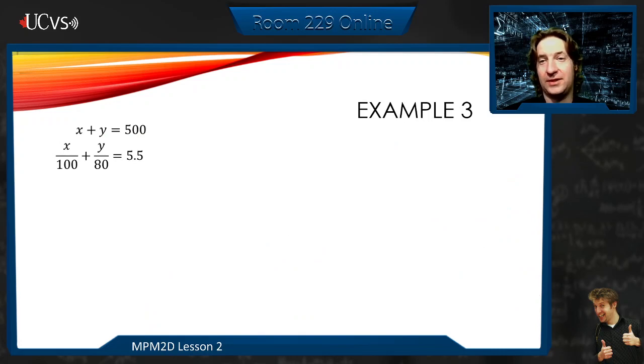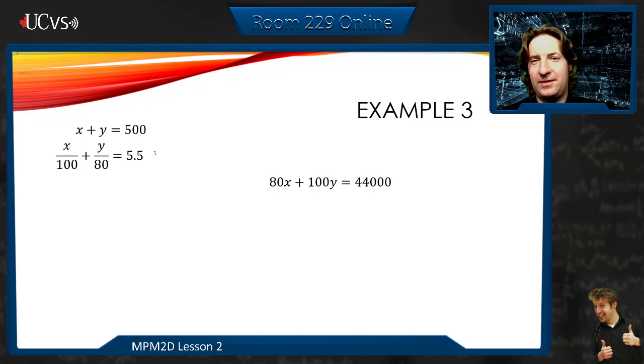So how do we solve this? Fractions. That's gross. Let's get rid of these fractions. The easiest way in this case is to multiply by the common denominator. What's the common denominator of 100 and 80? It's actually 400, but let's just multiply by 8,000 to make our lives easier.